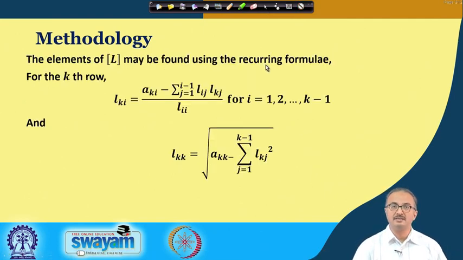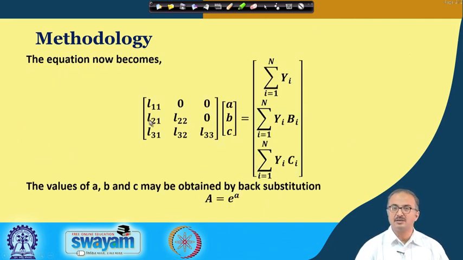Now, to get this L matrix, in the literature or in any standard numerical techniques book, you will find this recurring formula to obtain the values of the various coefficients in the lower triangular matrix. Okay. So, you use these formulas to get the L matrix, and once you get the values of these elements, then it is very easy for you.